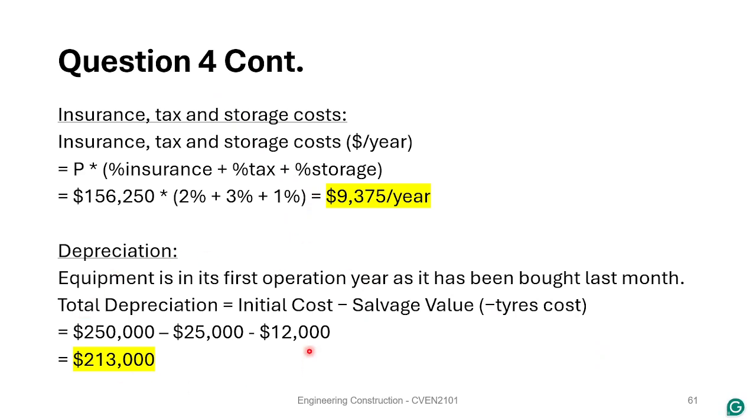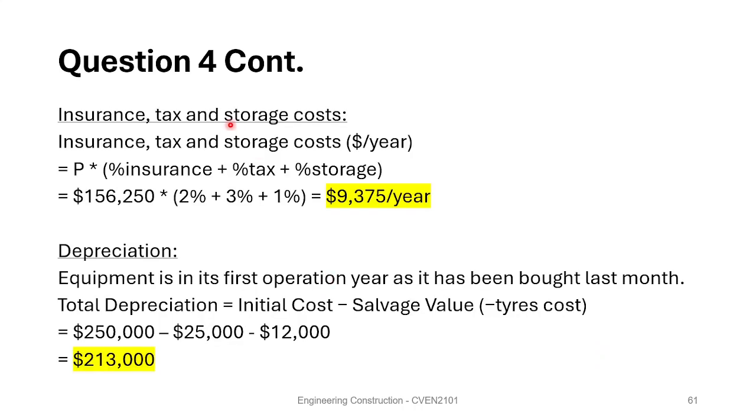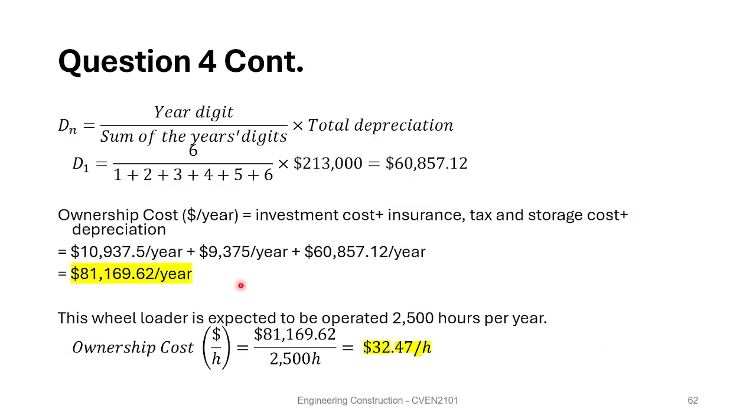So first, calculate our investment cost for our ownership, our insurance, tax and storage costs, and our depreciation, right? And with this depreciation, we just need to match it to whatever method has been decided in the question. In this case, it's going to be using the sum of the years digits method.